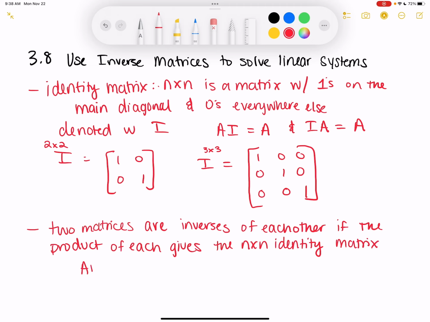A times B is equal to I, and B times A is equal to I. Okay, it would have to be true both directions for them to be truly inverses of each other.